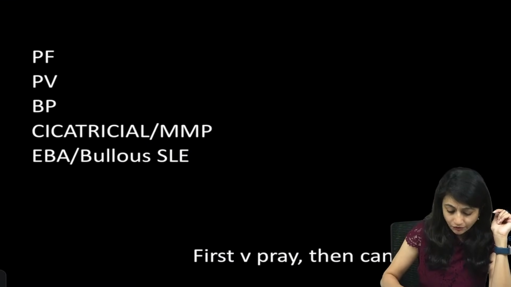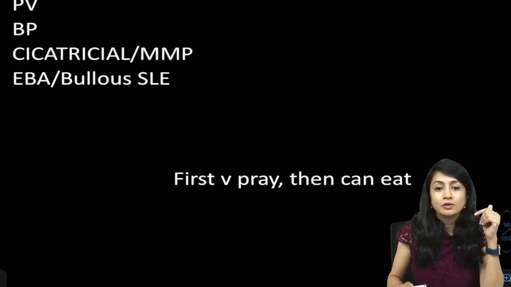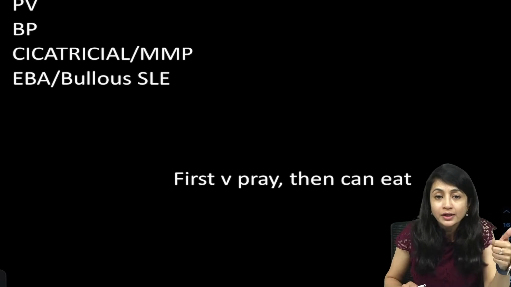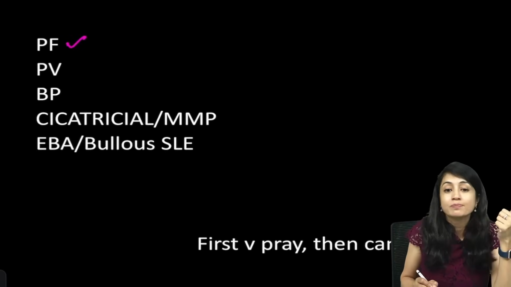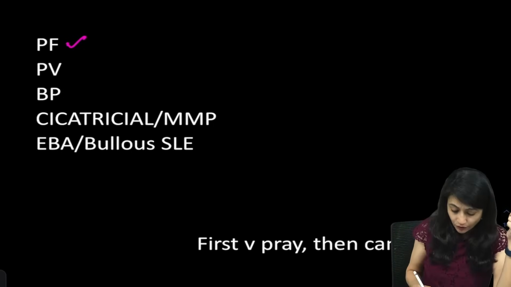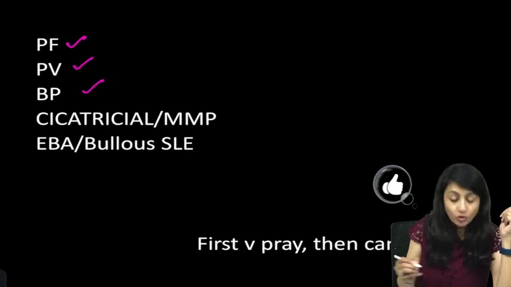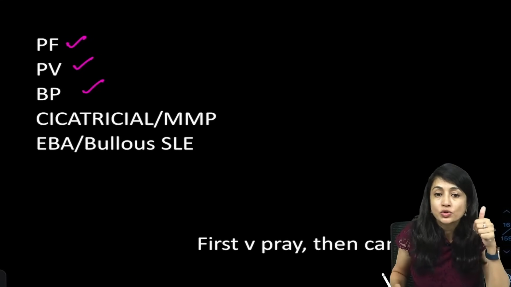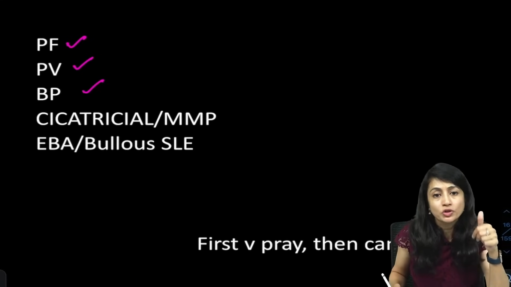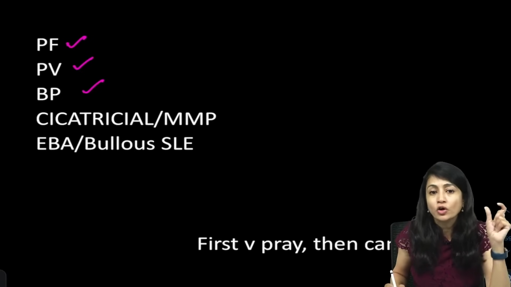Now sometimes it is difficult for us in exam to remember the exact level. So you can remember this mnemonic: first we pray, then can eat. So first is pemphigus foliaceus, V is pemphigus vulgaris, pray is pemphigoid, then can eat. So C is cicatricial or mucous membrane pemphigoid, and last is eat, so EBA or bullous SLE.